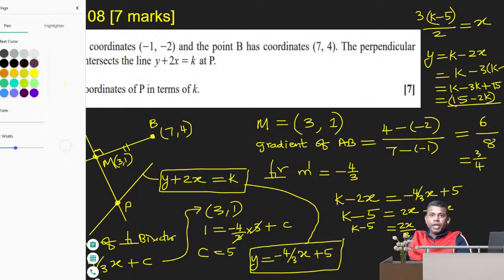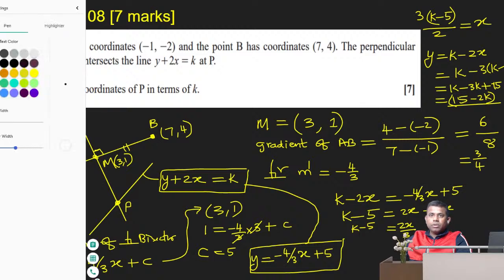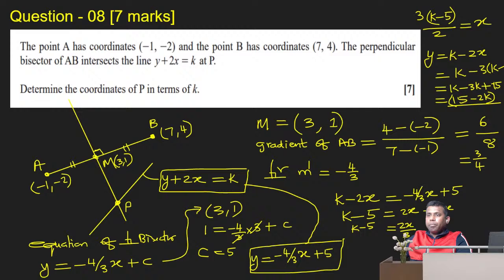So the point P has x coordinate 3k minus 15 over 2, comma, y coordinate 15 minus 2k.